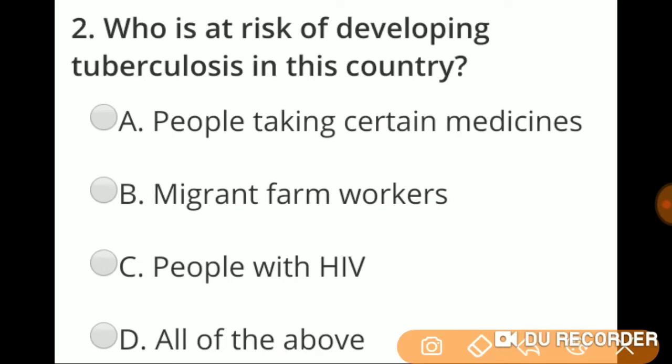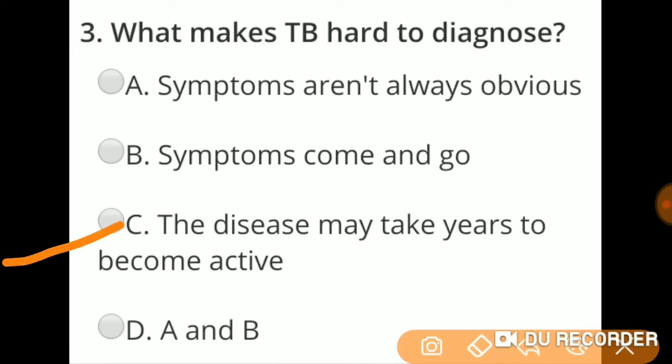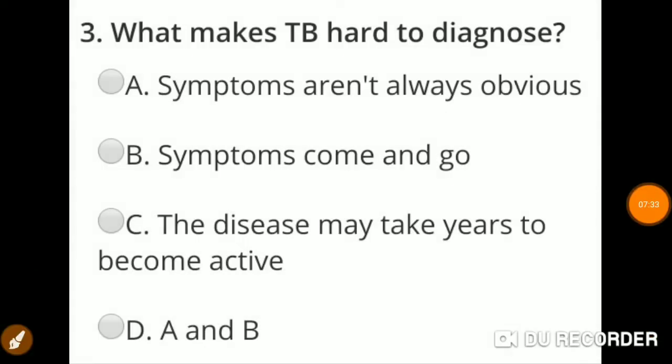People taking certain medicines, migrant workers, or people with HIV. All have risk. Now, what makes TB hard to diagnose? That the disease may take years to become active. This makes tuberculosis very hard to diagnose.